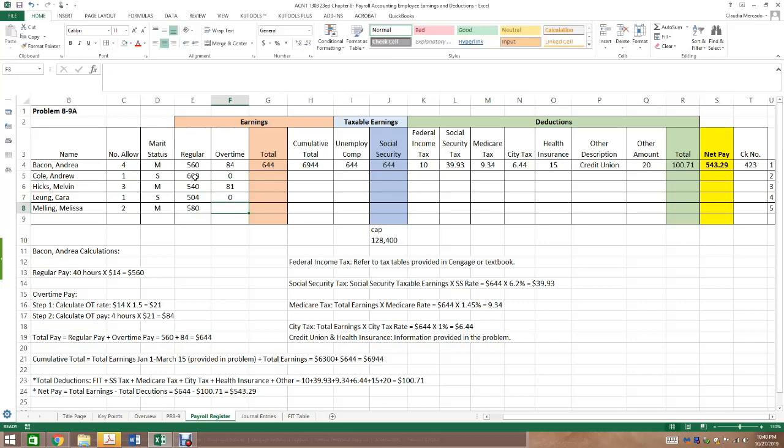So let me just quickly enter all of these amounts here. And I'm going to put some formulas, that way I can just drag and drop. Okay? The power of Excel. Okay, so I'm just going to do this.